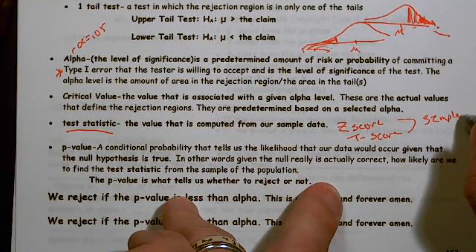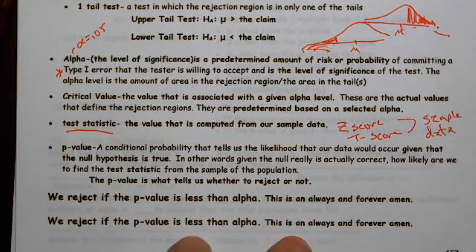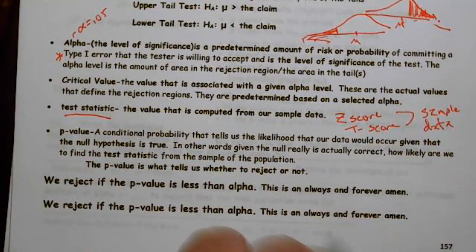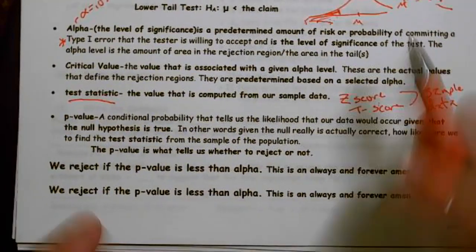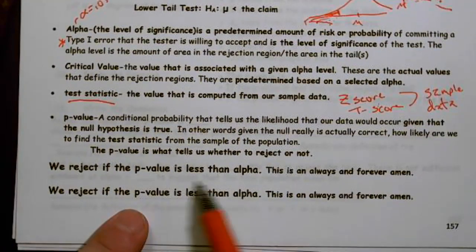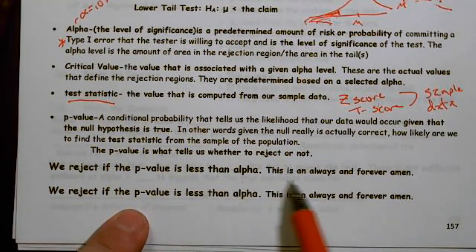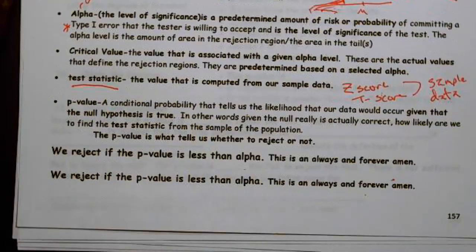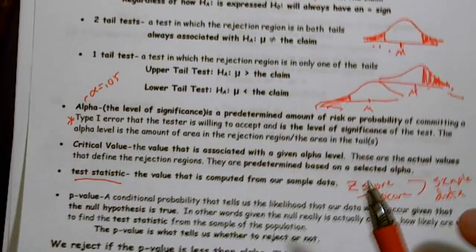It's what we actually can calculate from the sample data. The p-value is the conditional probability, which tells us how likely we would get that test statistic given the null was true. And finally, we reject if the p-value is less than alpha. This is always and forever true, amen. It doesn't change. That's why I said it again. Also, we fail to reject if the p-value is greater than alpha.